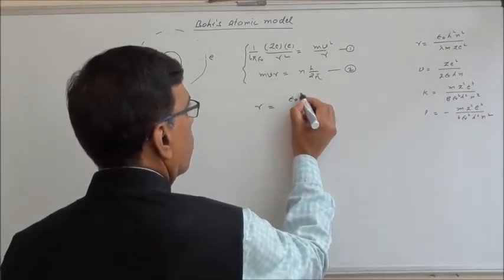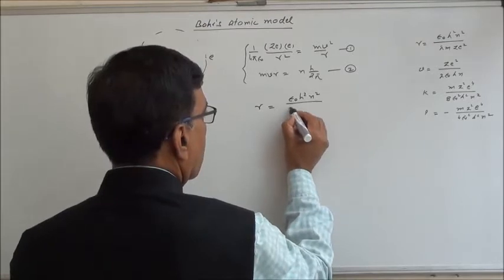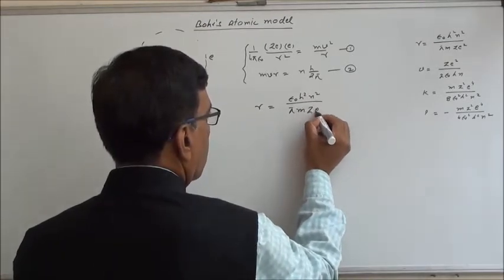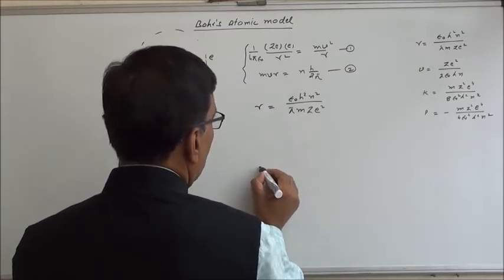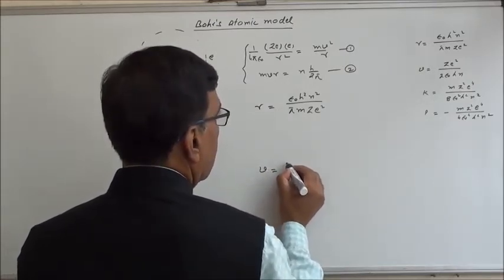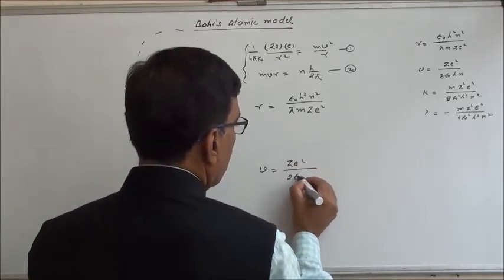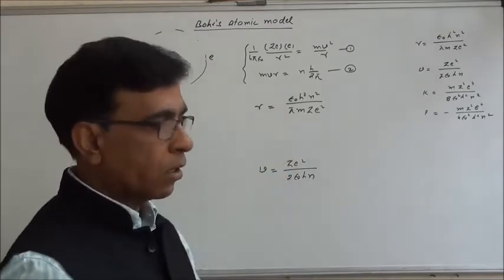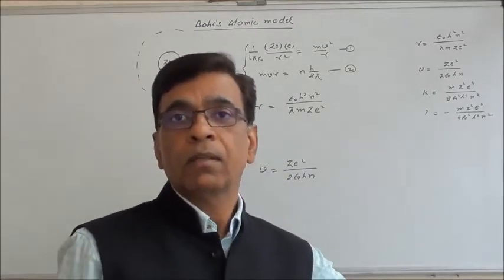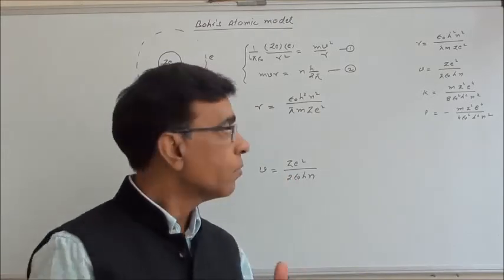So R comes out to be this value and velocity. So this is the radius of an orbit and this is the velocity of electron in an orbit.